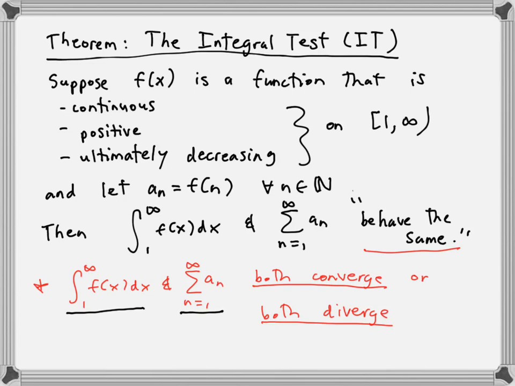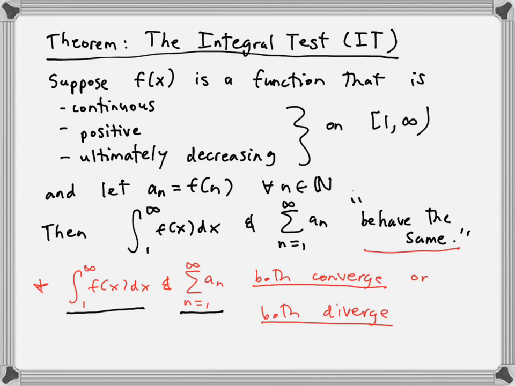And if we get that the integral diverges, then the series does as well. Okay, but we do have to state or show all three of these conditions, that it's continuous, positive, and ultimately decreasing. Okay.